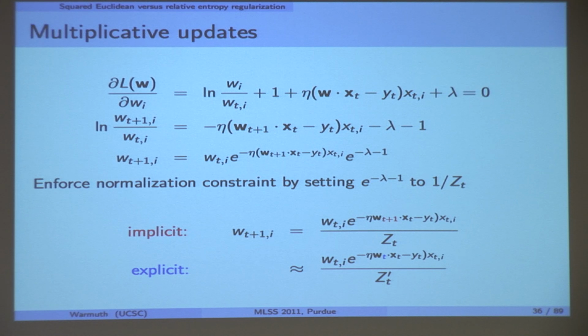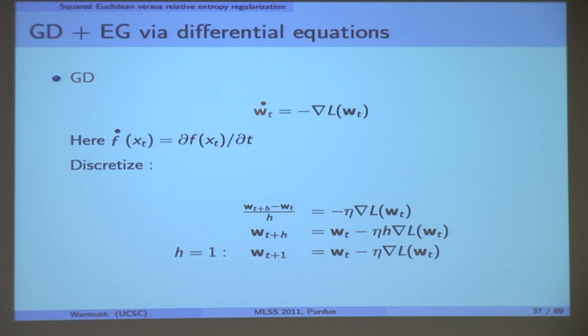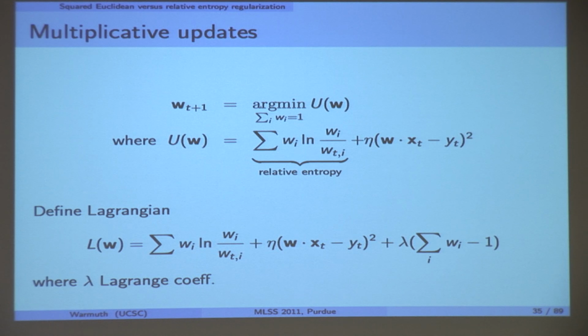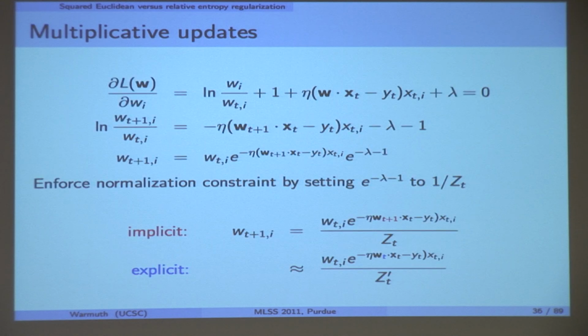And then from the Lagrangian, you get the lambda. So here's the Lagrangian again. This gives you log of the ratio plus 1. This gives you the normal gradient of the loss. And this gives you a lambda. OK, so now you're going to set this to be 0.